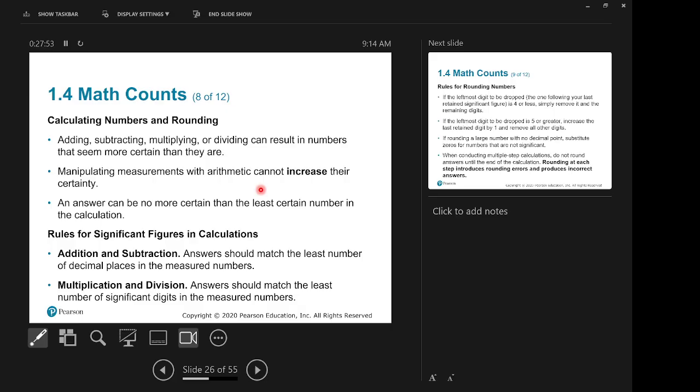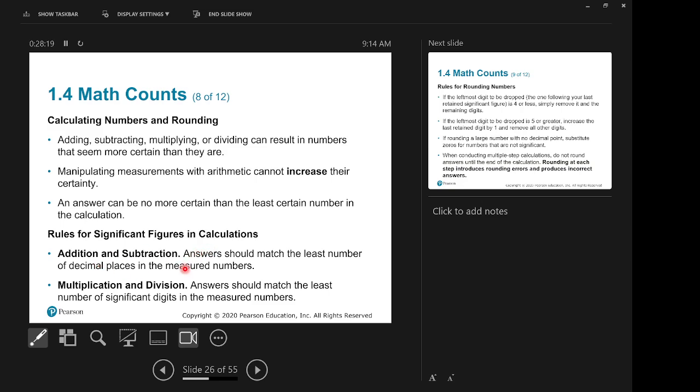Okay, so an answer can be no more certain than the least certain number in its calculation. Now, notice I'm being intentionally vague at this point right here. Okay? And that's because the rules for addition and subtraction are a little bit different than multiplication and division. Okay? And it's because they transform your numbers differently. Now, let's talk about the rules real quick.